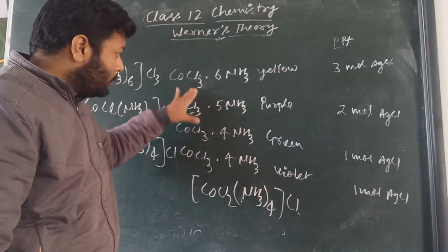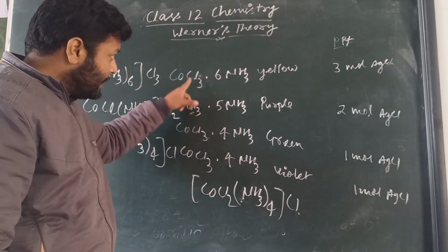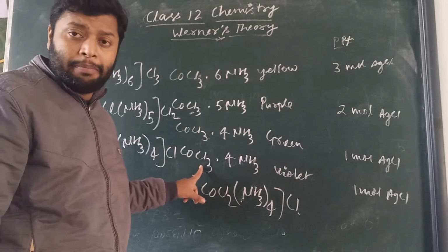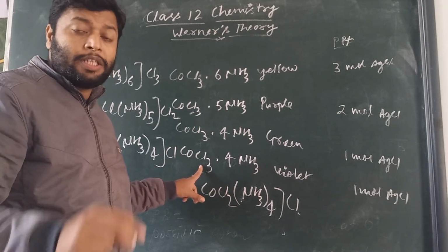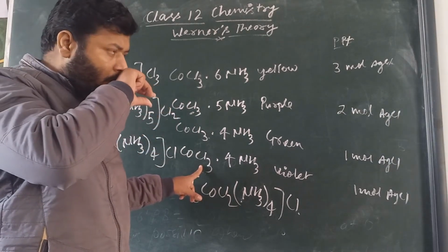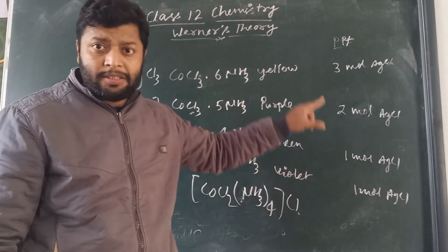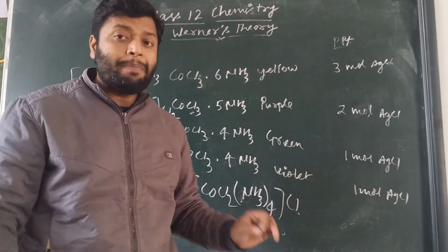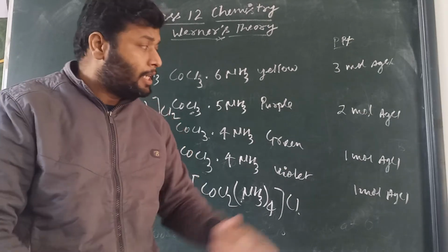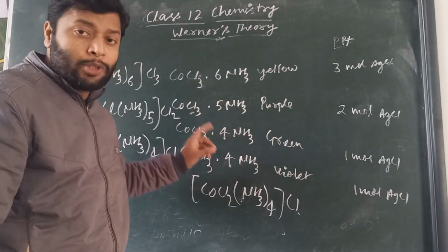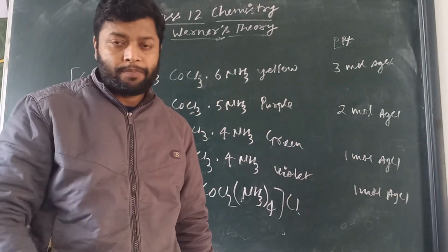That's why, out of 3 Cl, in each of the cases there are 3 Cl atoms, but the precipitations are different, indicating how many of them actually act like counter ions.